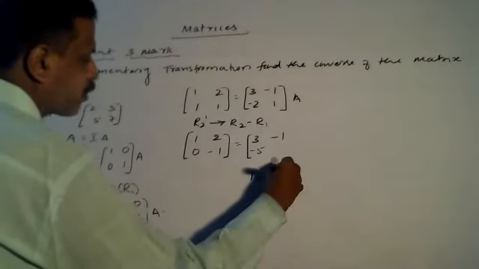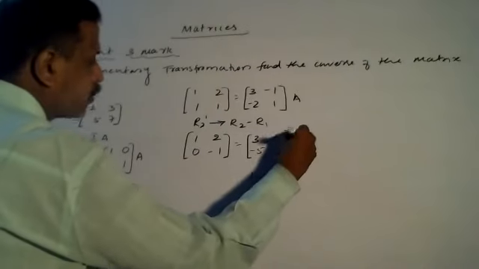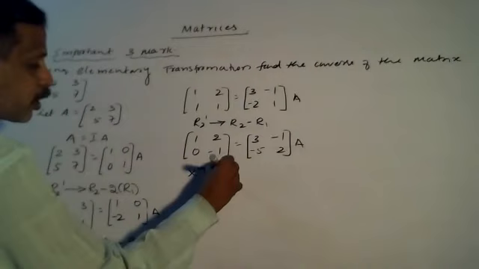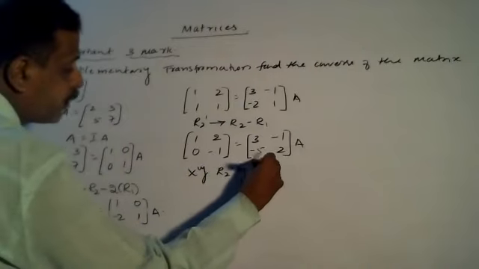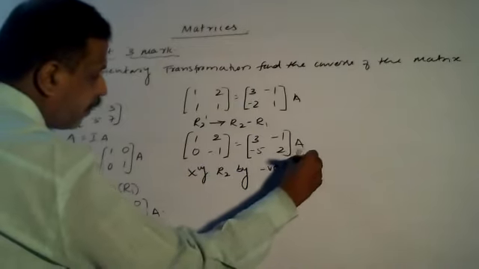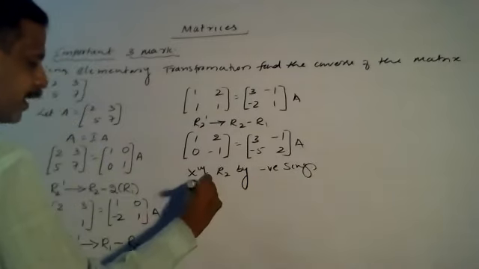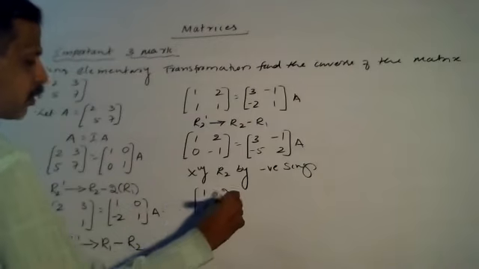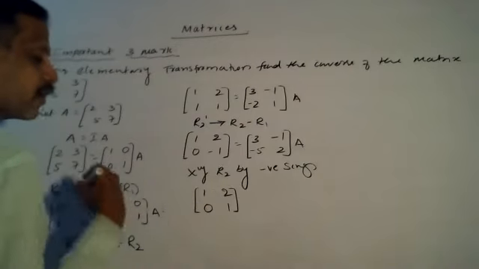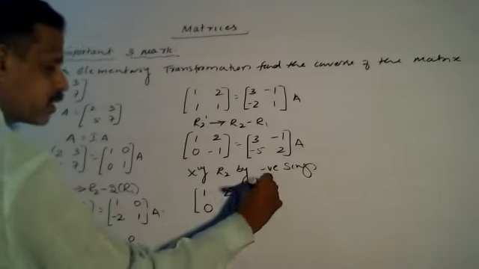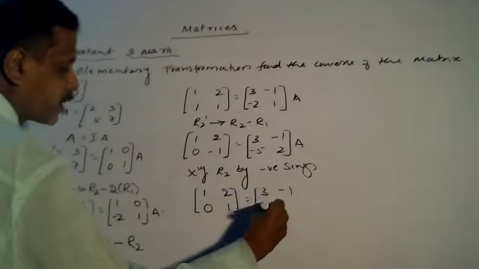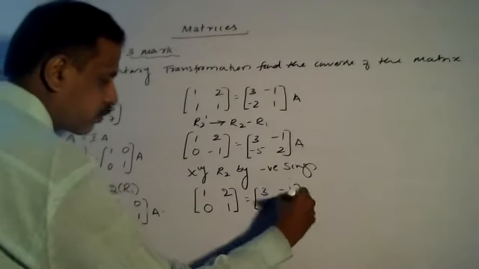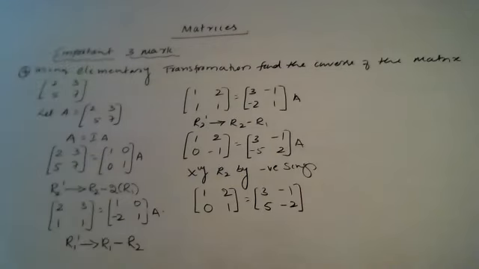Multiply R2 by a negative sign. If I multiply, we get 1, 2, 0, 1 equals 3 minus 1, 5 minus 2.